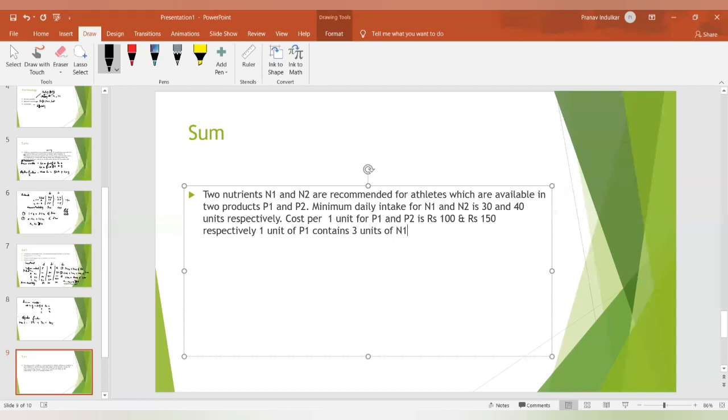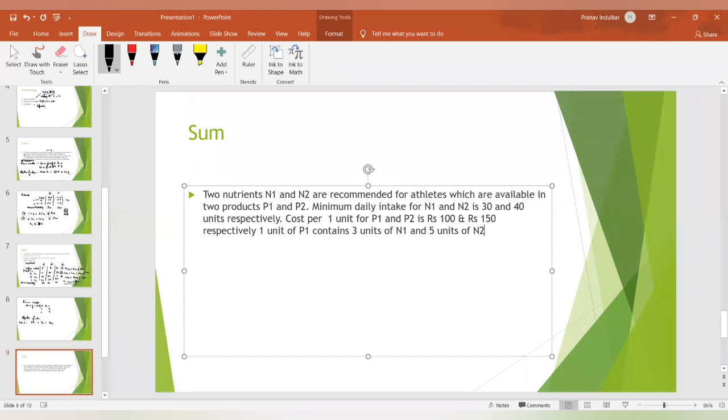So cost per 1 unit of P1 and P2 is rupees 100 and rupees 150 respectively. 1 unit of P1 contains 3 units of N1, nutrient 1, and 5 units of N2.